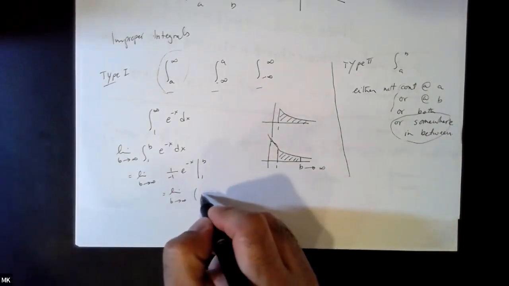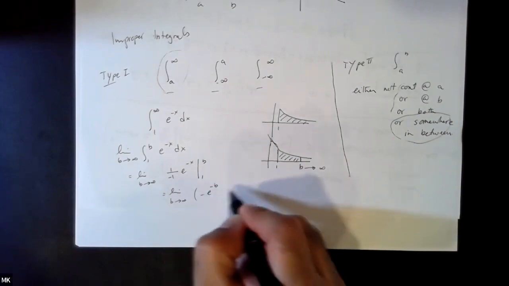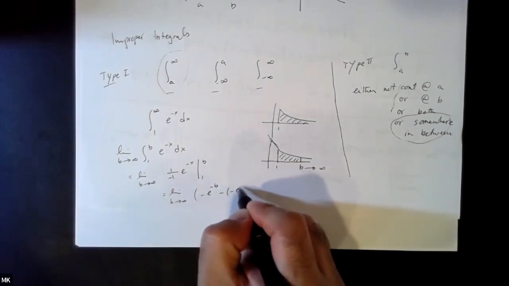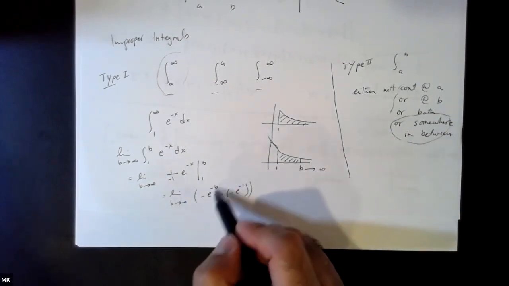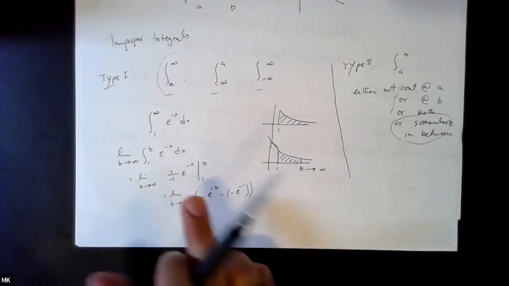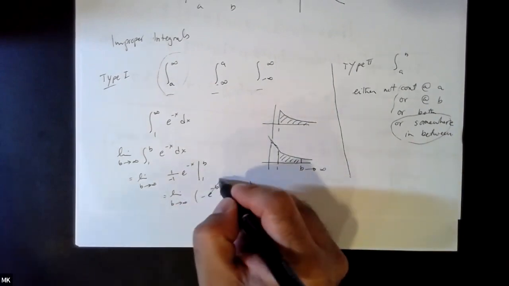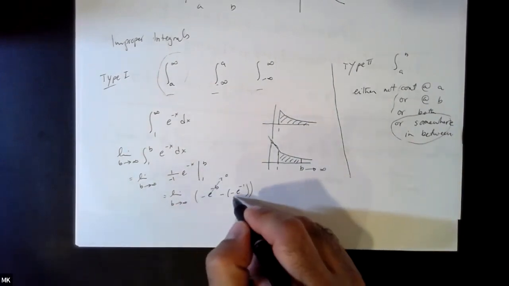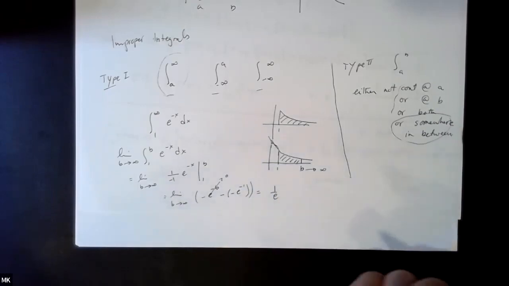Well, I'll explain what I mean in the next examples. Negative e to the negative b minus negative e to the negative 1. Now, as b goes to infinity, e to the negative b is like e to the power of negative infinity, so this part actually goes to 0. Negative negative is positive. e to the negative 1 is 1 over e, so the answer is 1.